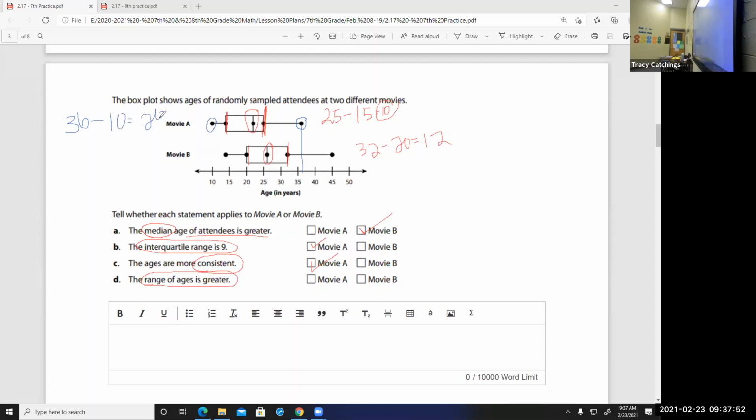Good job. All right, and then we have about 45, and then what's the lowest value? About, let's say about 14 or so. 29. All right, so which one had the greater range? Movie B. Good job. Any questions about it? All right, cool.